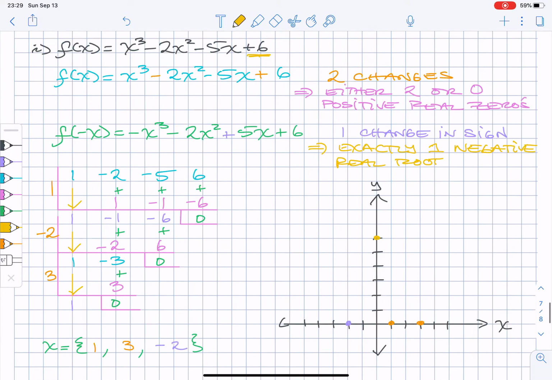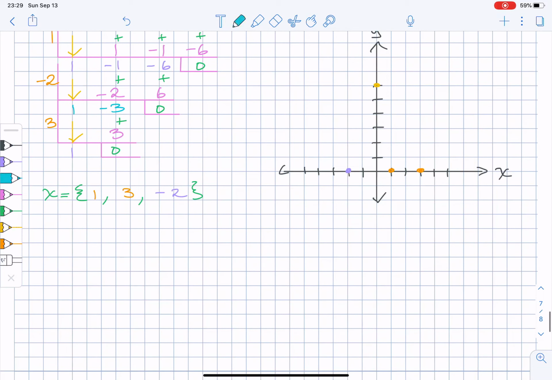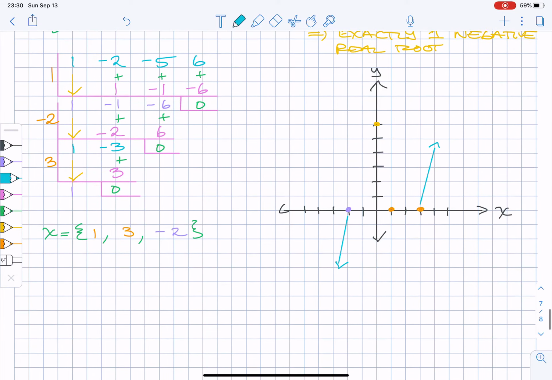And I know that this is overall S-shaped, so I know the end behavior is going to be going down here somewhere and then eventually going up here somewhere. But all of these are linear factors, so I know that each of them is going to be little lines.